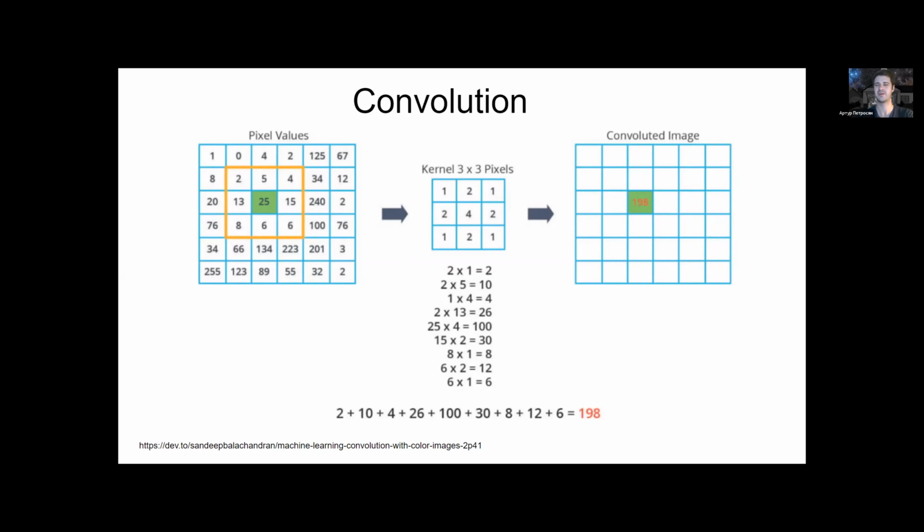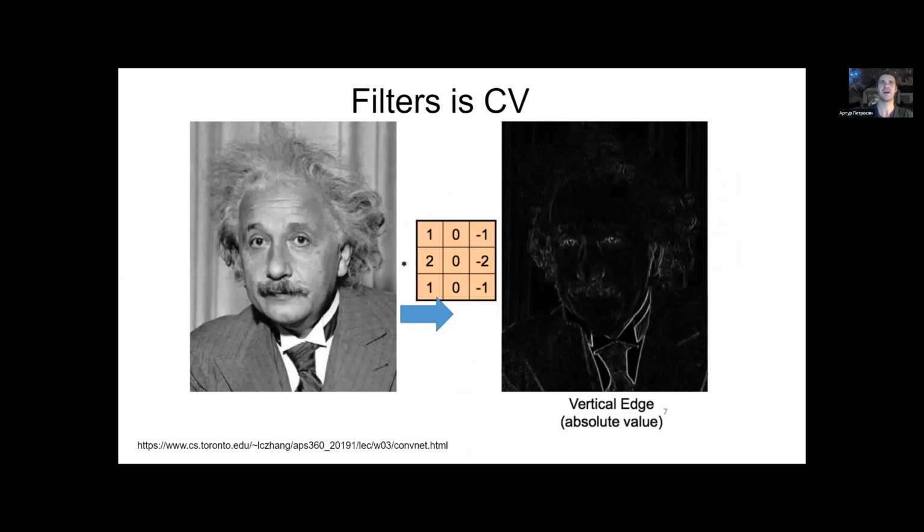But why do we need it? Basically, convolution is an operation which can extract some meaningful things from the image. For example, this kernel just extracts vertical edges from the image, and if you extract these features, for example, edges, you can then use them in other parts of your neural network.